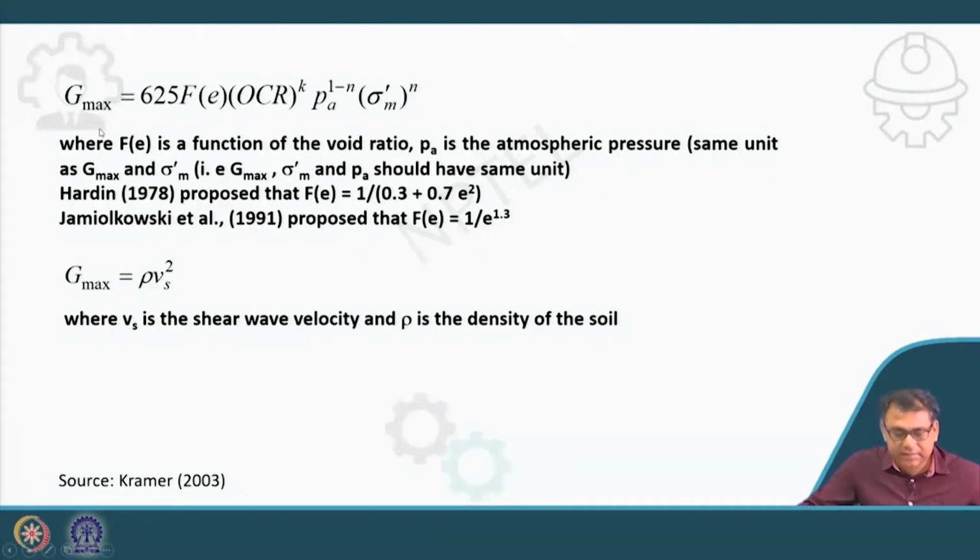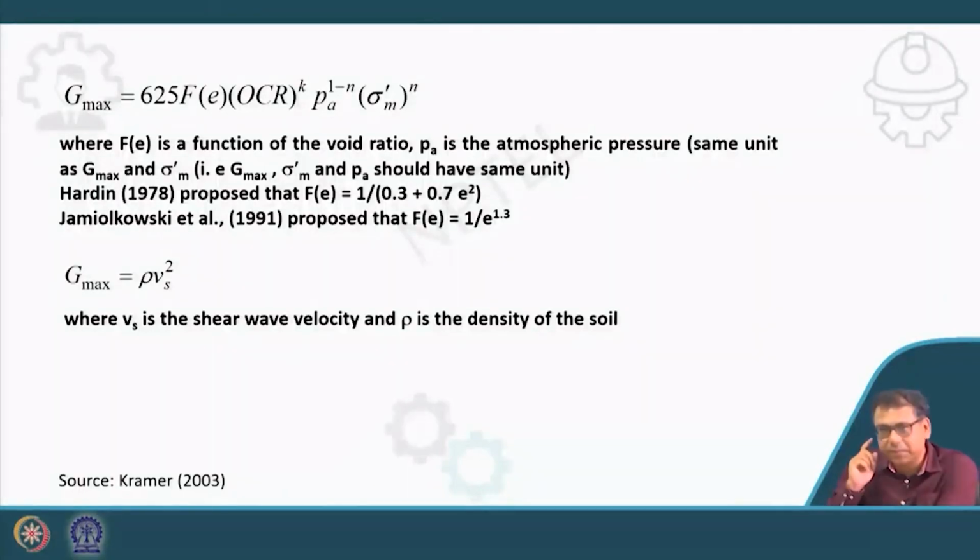Next, Gmax can also be determined by this expression, which is similar to the previous expression. The difference is that F is a function of void ratio. Pa is the atmospheric pressure, and Gmax, sigma m dash and Pa should have the same unit.